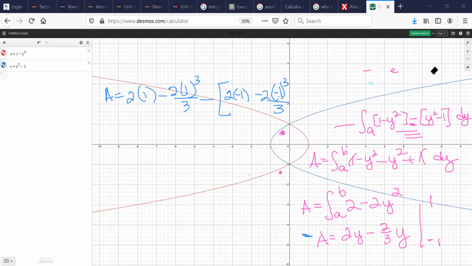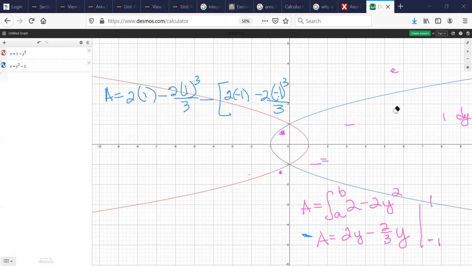Let's get some room. All right, so I go ahead and I get 2 times 1, that's 2, minus 1 to the third is 1 times 2, so you have 2/3, minus, and in here I have negative 2, negative 1 to the third is negative 1 times this negative 2 here, so that's going to be plus 2/3.